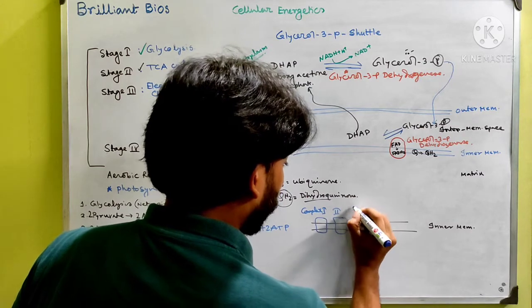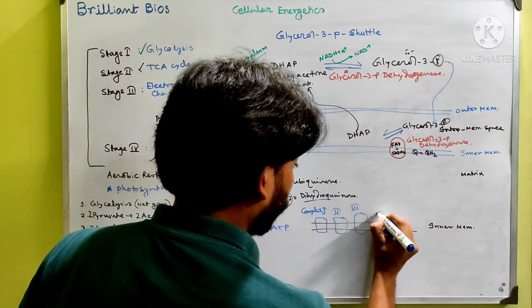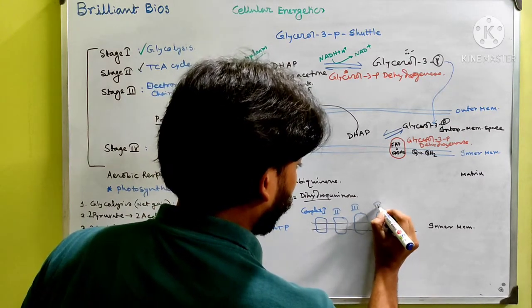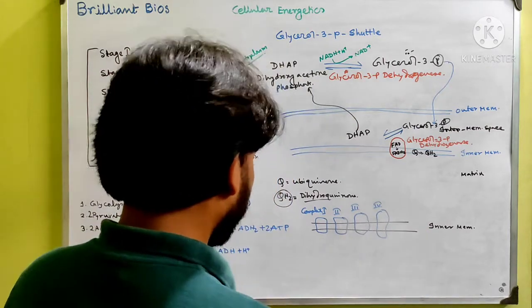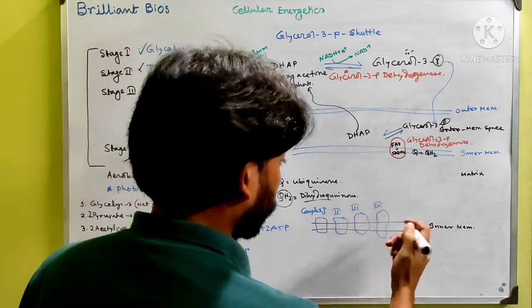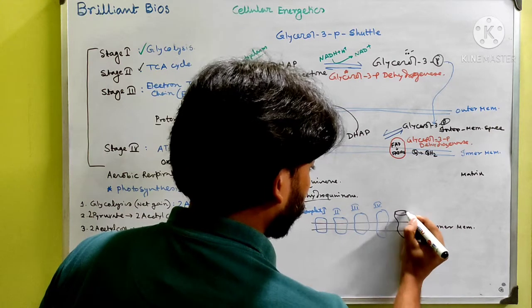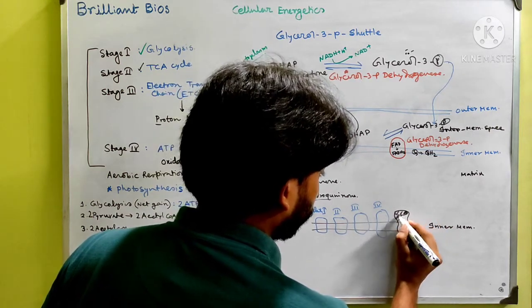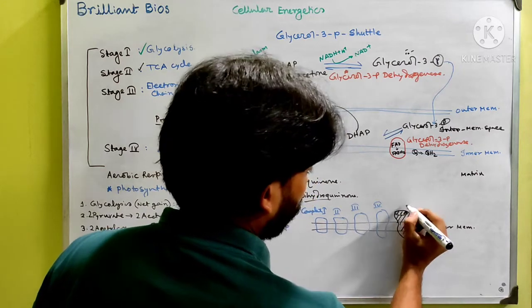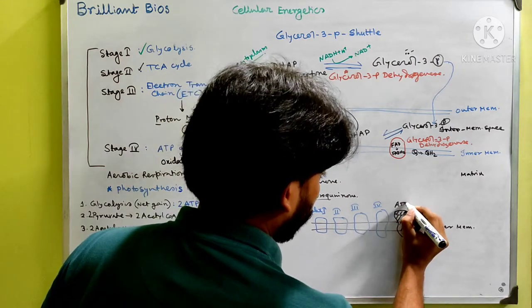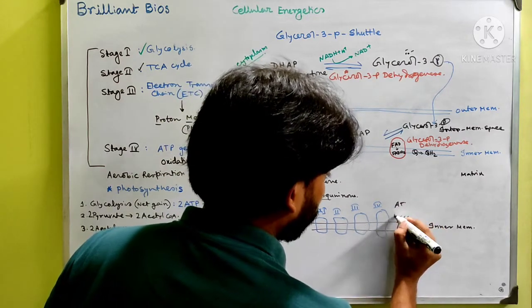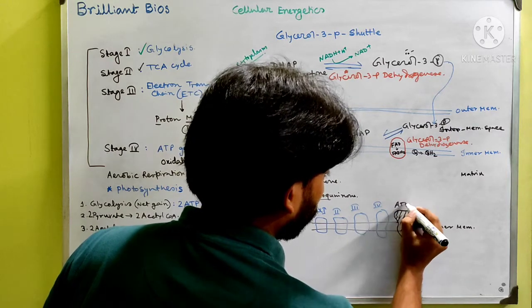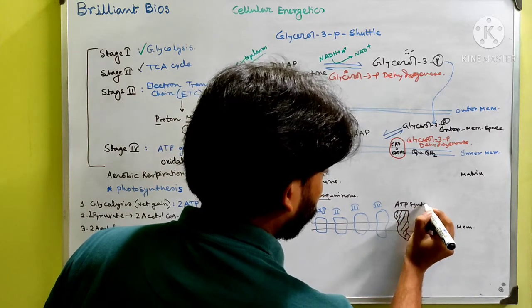There is another complex, complex 3. Another complex, complex 4. And ultimately another enzyme is present. Let's suppose this is an enzyme, we call this enzyme ATP synthase.